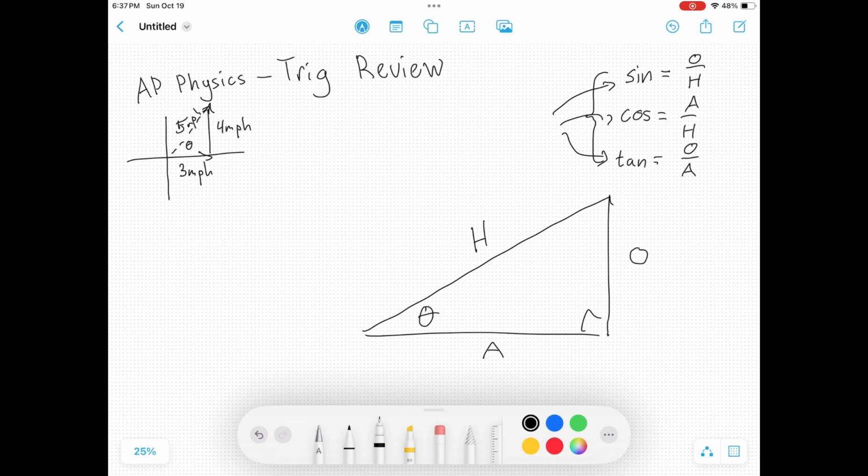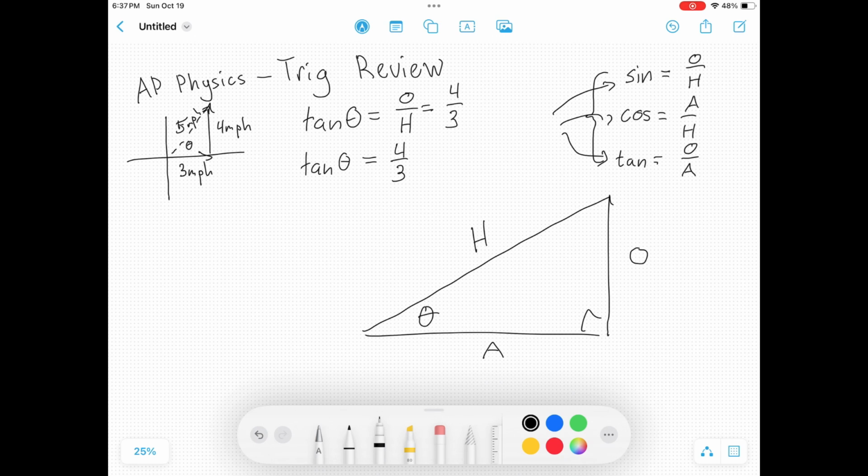So tangent of theta is equal to opposite over adjacent, right? So in this case, it's going to be 4 over 3. So we now have tangent of theta is equal to 4 over 3.